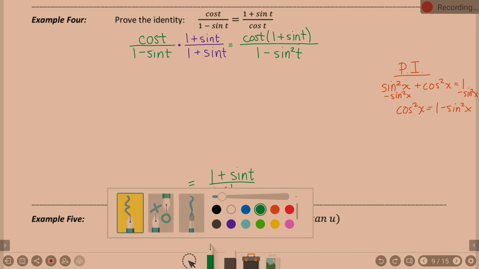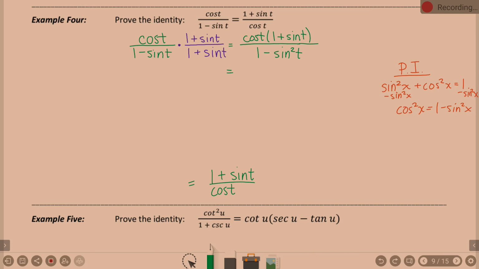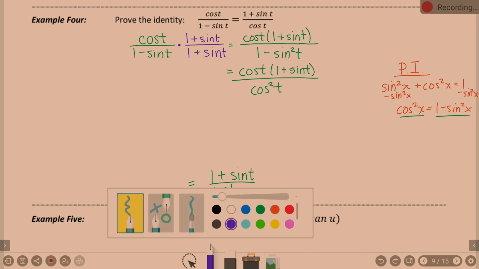So my numerator is cosine t times 1 plus sine t. My denominator now is cosine squared t. Now what?